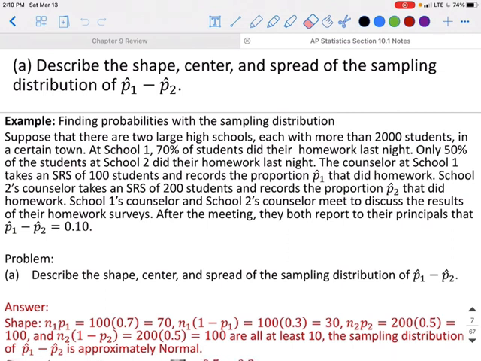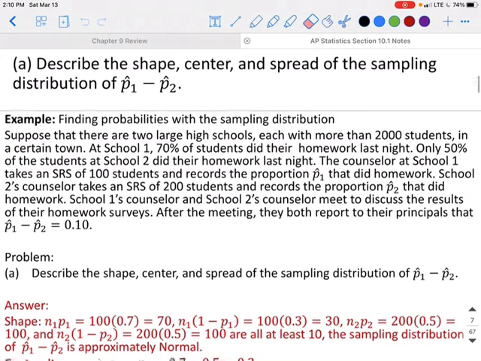Both of those are greater than 10, so we are good. For population 2, our number of successes is 100 and our number of failures is 100 as well. So both are at least 10, and that works. Since both populations are approximately normal, we can say the sampling distribution would also be approximately normal.